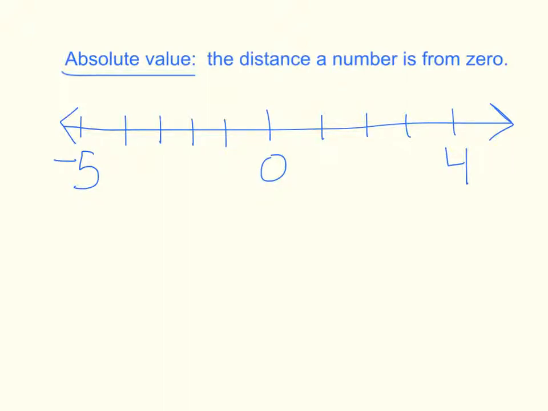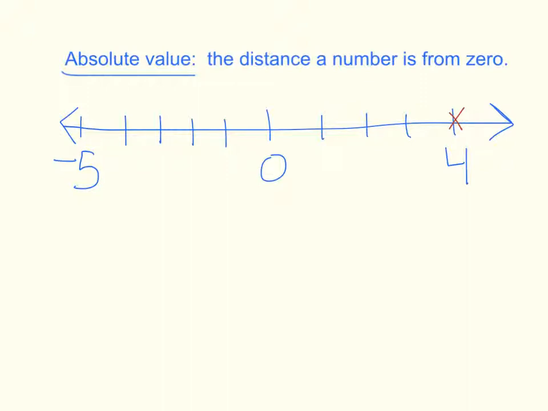Now let's think about those numbers. When we talk about how far away from 0 they are, we need to think about if we were standing in that spot, how many steps would we have to take to get to 0. So the absolute value of, let's say, 4, that would mean we're standing on 4. So my red X, maybe you want to get a different color to show this.